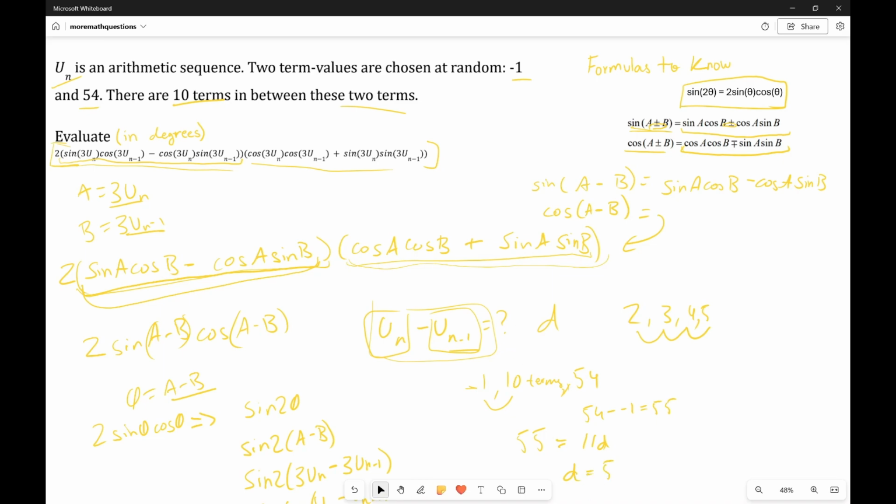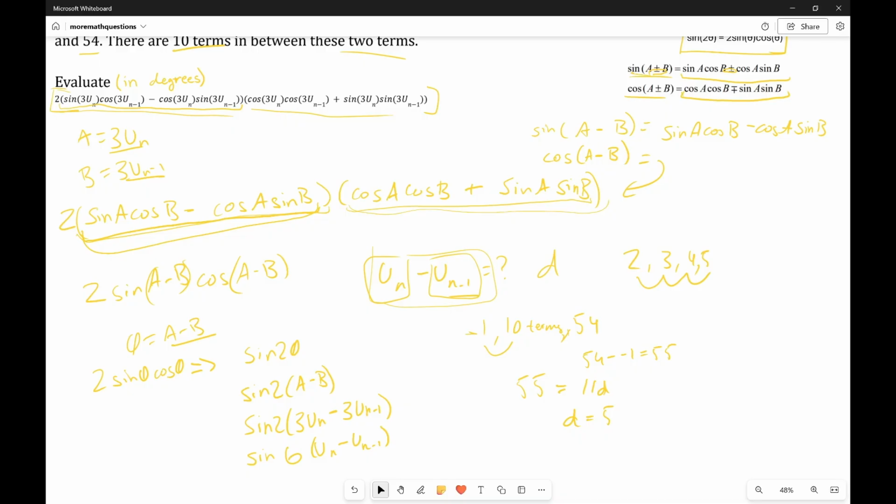Now that we know the difference is 5, we can backtrack to what I said earlier: we replace un minus un minus 1 with d, and d is 5. Putting that right here gives us sine of 6 times 5, which is sine 30, and sine 30 is 1/2.